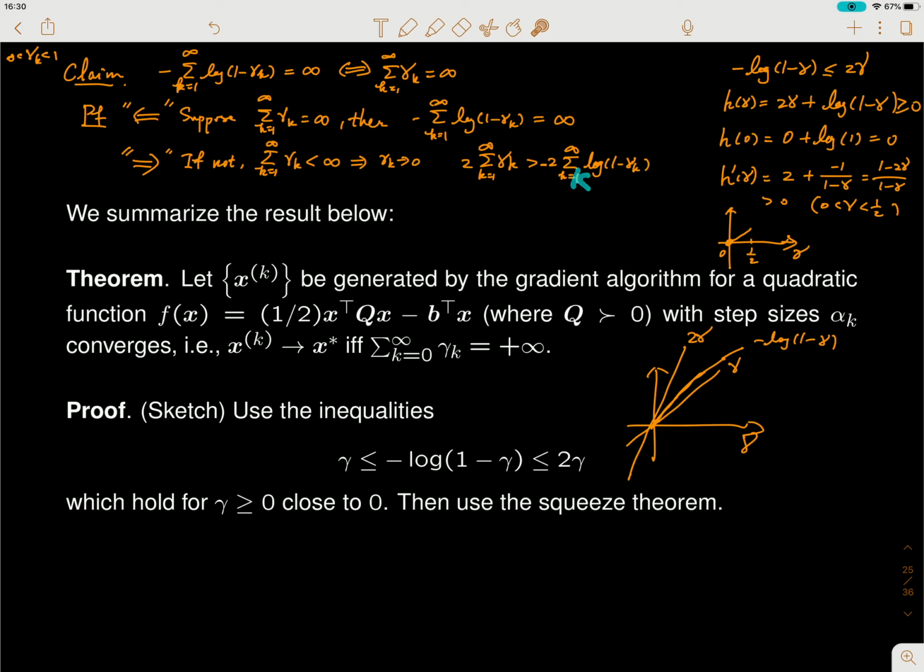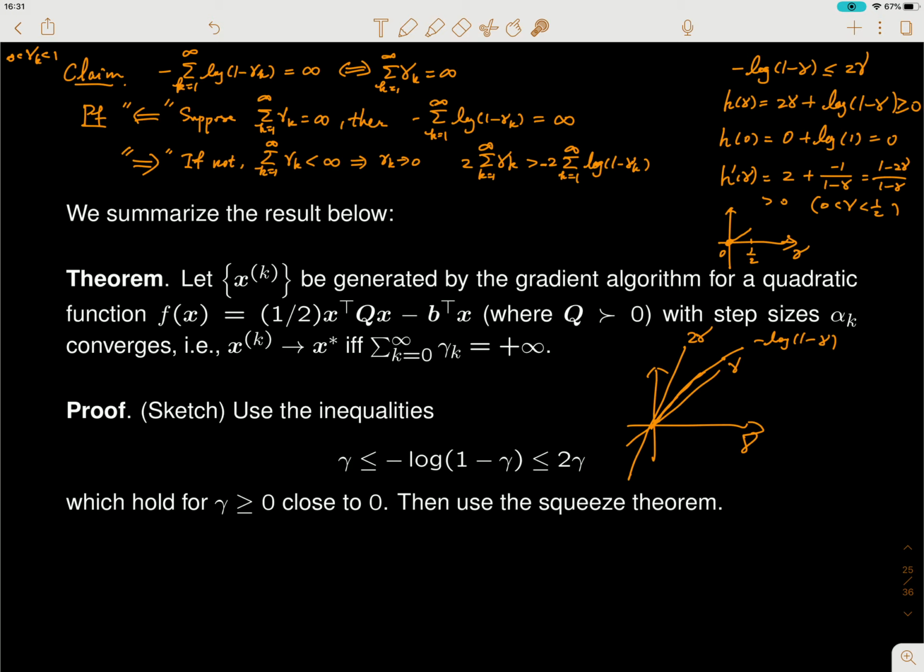If I only remove the first capital K terms, it's still finitely many terms, so it will not make this one blow up. What can make this one blow up is the infinite sum for k from capital K to infinity. That is how we made this right hand side positive infinity.